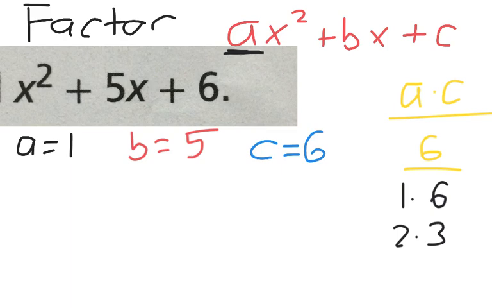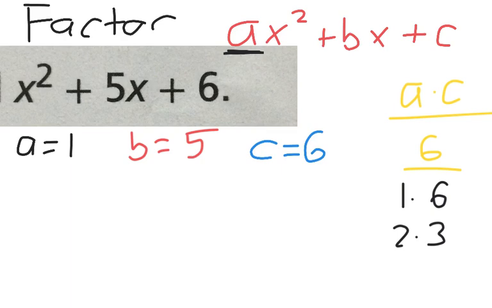Okay, now, what we have to look for. We're going to pick one of these pairs as a way to factor. We want to pick the one that when multiplied together gives me a positive 6. Okay, so what could these numbers be that multiply to be positive 6?